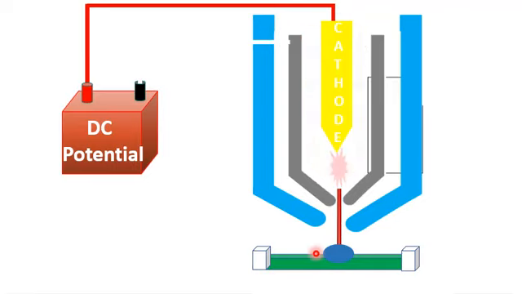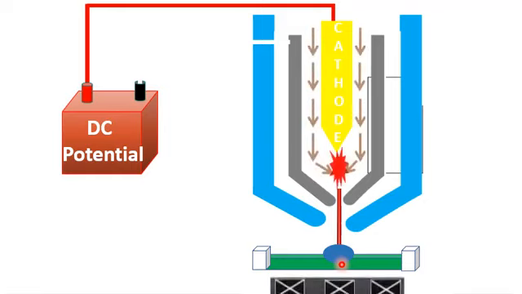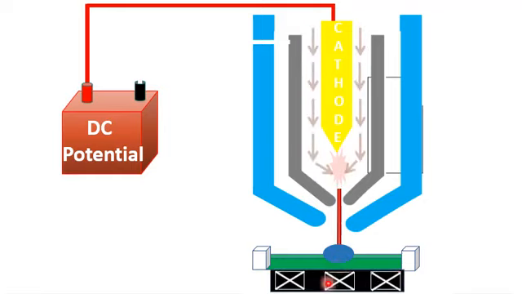Another type of very special arrangement used to confine the cathode spot onto the surface of the cathode is known as magnetic confinement of the cathode spot. A magnetic field or magnetic coil in the cathodic arc deposition system is used in a special way.